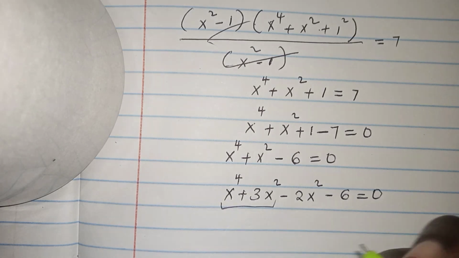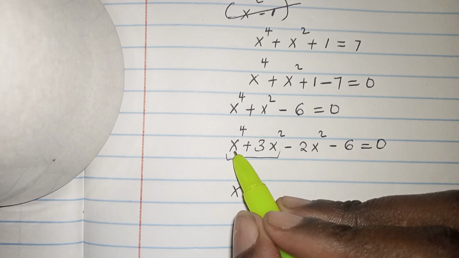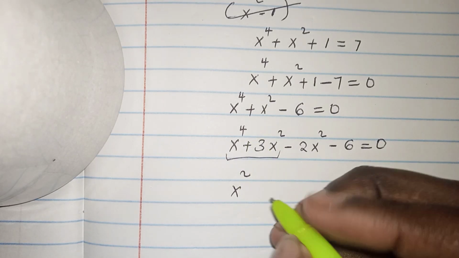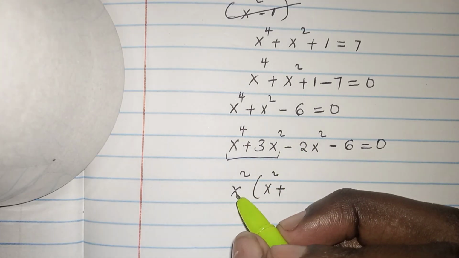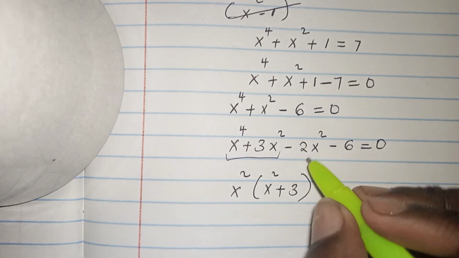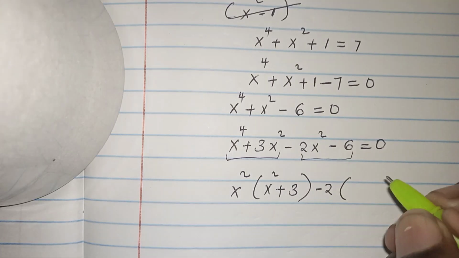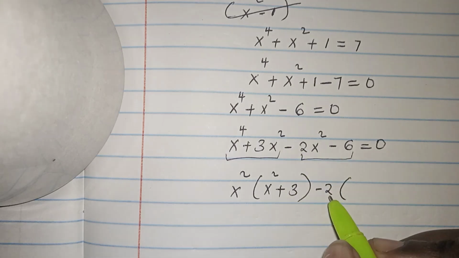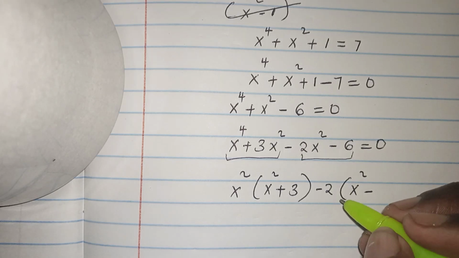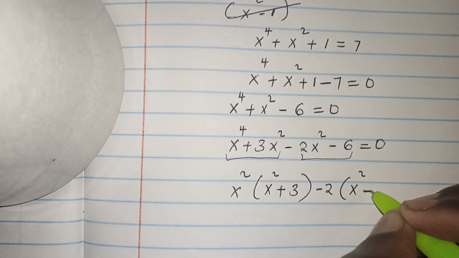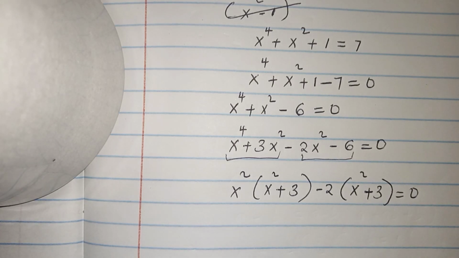So for this term here, we are going to factor out x squared. So x^4 divided by x squared is x squared, plus 3x squared divided by x squared is 3, and for this term here we are going to factor out negative 2. So into bracket, 2x squared divided by 2 gives us x squared, minus 6 divided by 2 gives us positive 3, equals 0, right?